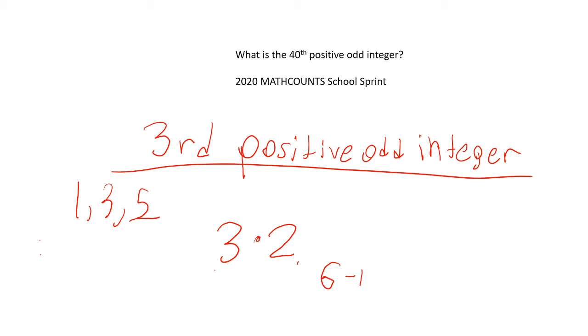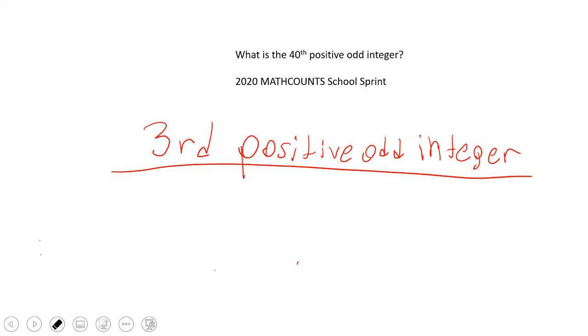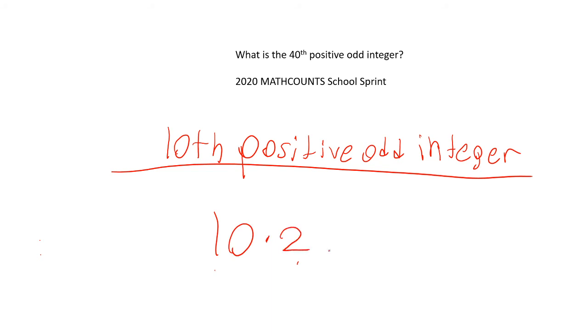Now, let's try something a little bit bigger. Let's try the 10th positive odd integer and see if our method works for a larger number. Let's use our method first. When I think of 10th, I think of 10. I multiply by 2, I get 20.